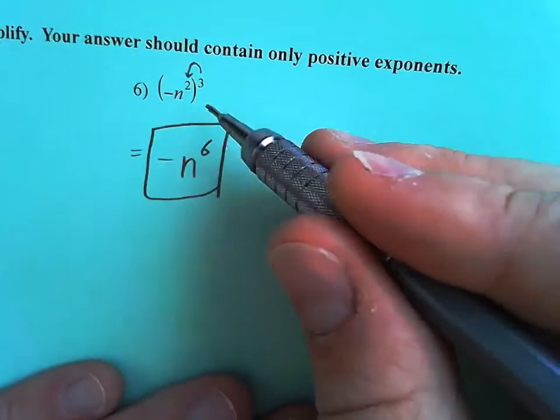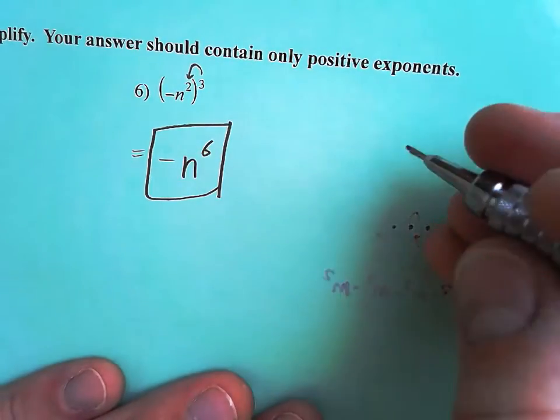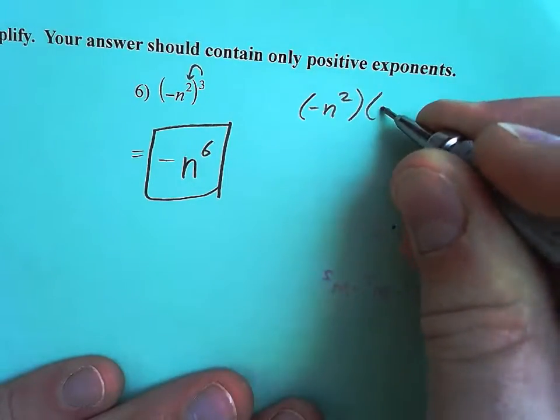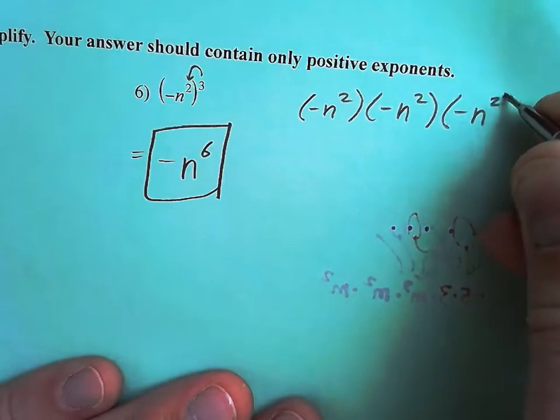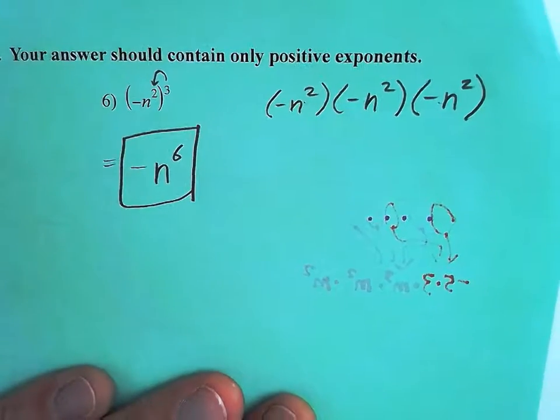Why is it still negative, even though you're exponenting it? Well, because you have -n squared times -n squared times -n squared. 3 of them because it's to the third power. That's what the third power means.